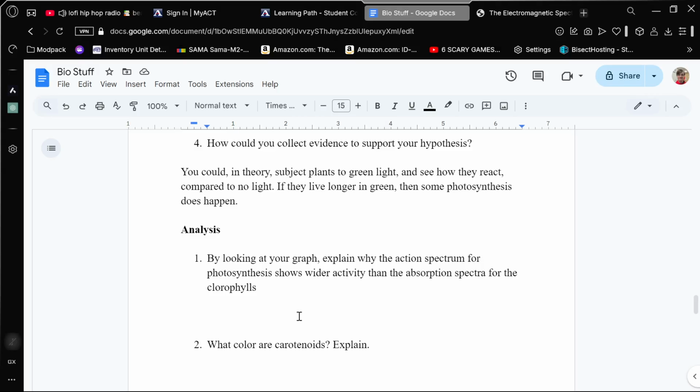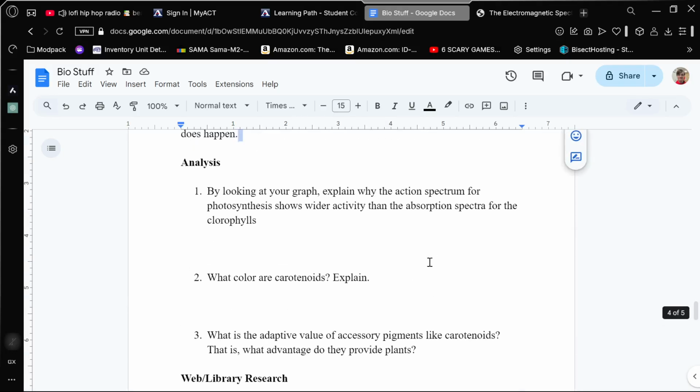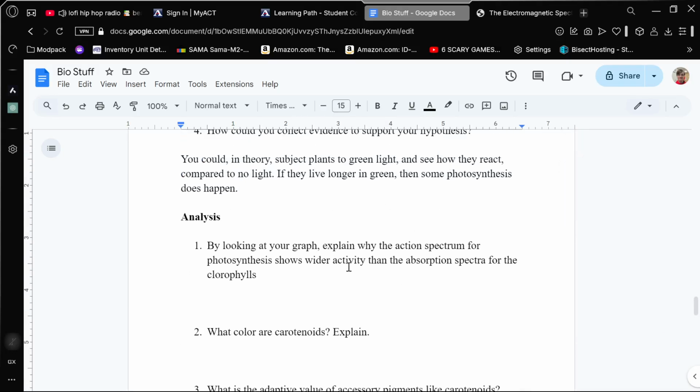So what this is saying is, why is photosynthesis higher than the absorption spectra for the chlorophylls?